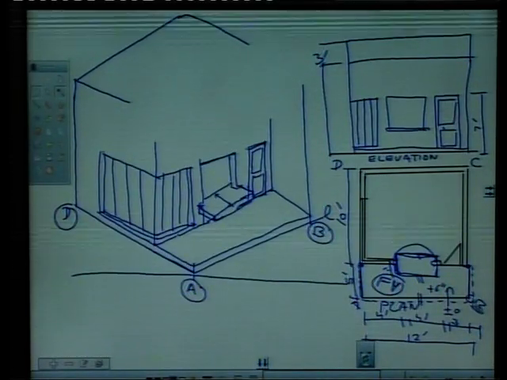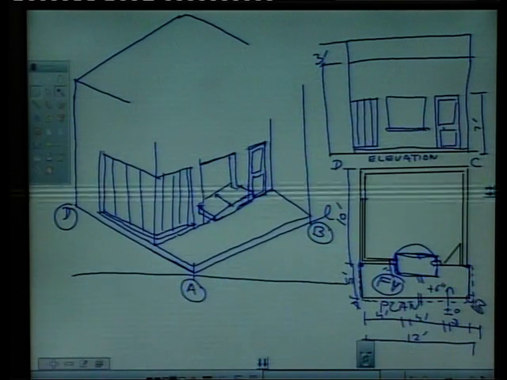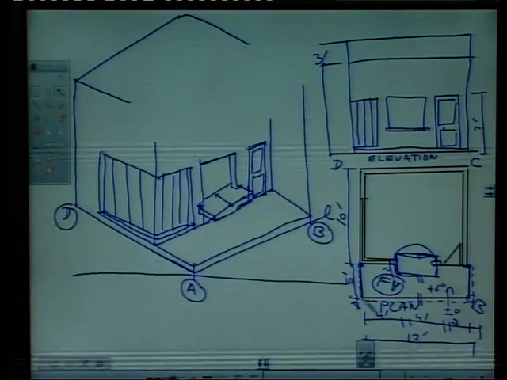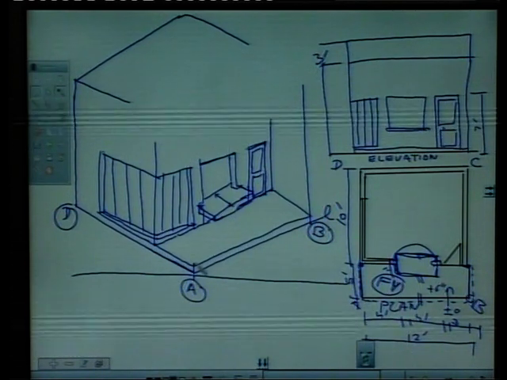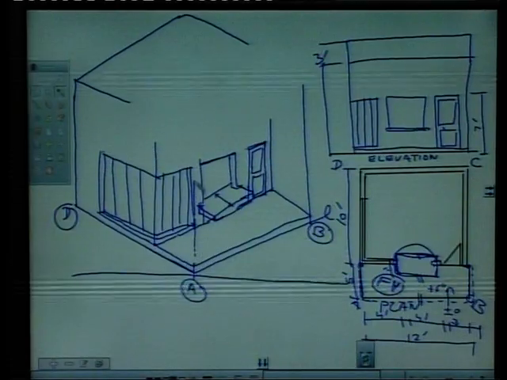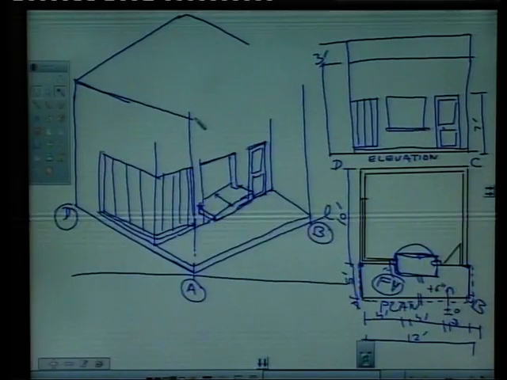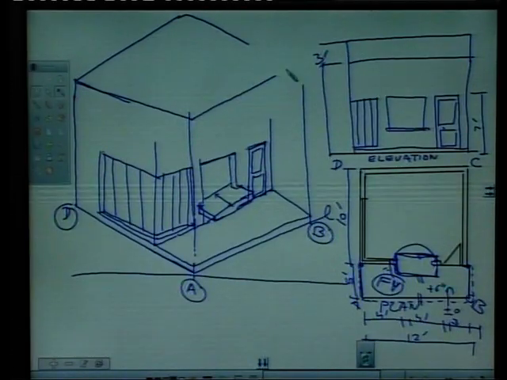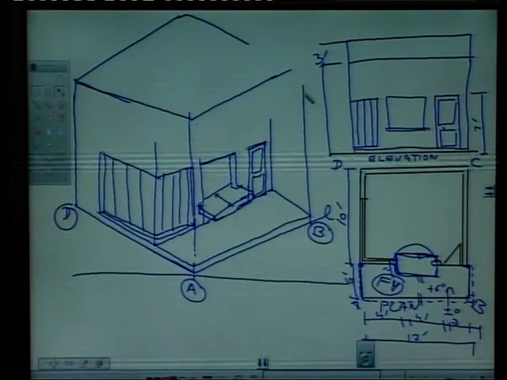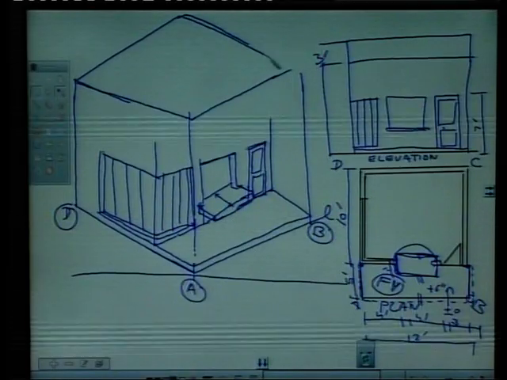How to draw that? Simply take this point A, again I will complete the original box, right.